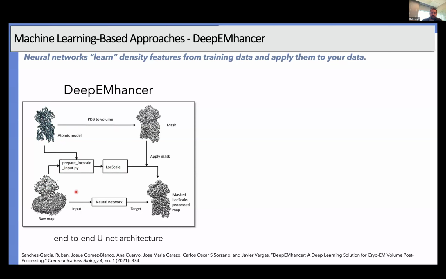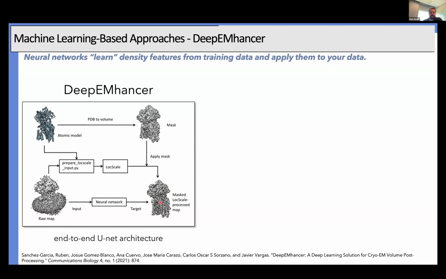DeepEMhancer tried to circumvent this by not requiring an atomic model, but instead learning behaviors, different noises and amplitude scaling within the maps. So you can go from raw map or half maps directly through DeepEMhancer using their end-to-end UNet architecture, which is really common in biomedical imaging techniques, as well as then to output a masked, locally scaled processed map.